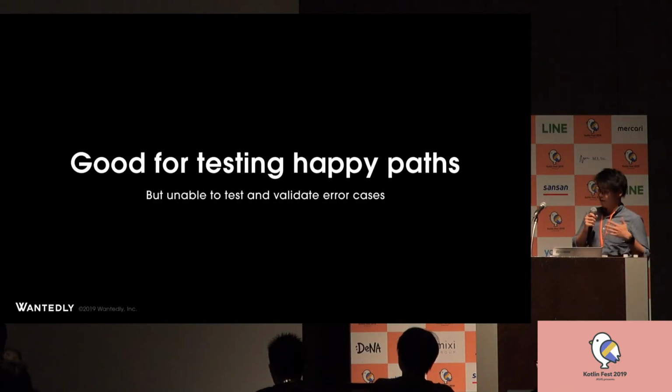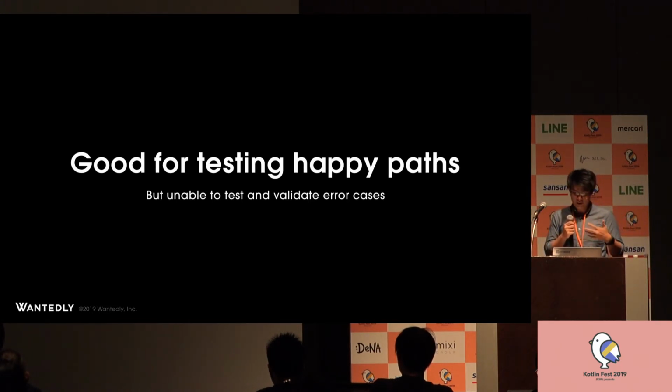However, this is only good for testing the happy path and does not allow us to test the error case for our processor. Because if there's an error in the processor, the compiler will fail and we won't be able to access any of the generated files.